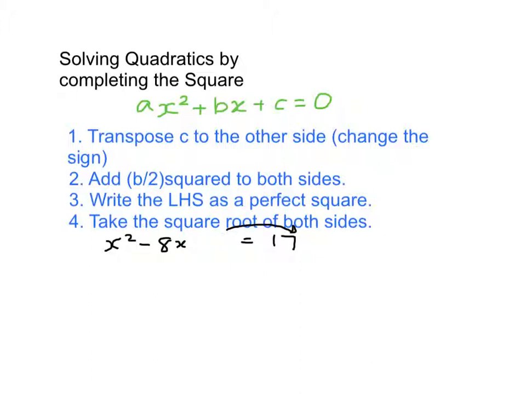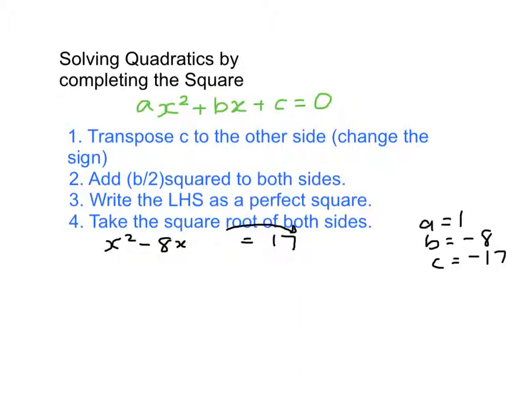Okay, so after that we add, in its place, my (b divided by 2) squared. Let's write out what these are. My a equals 1, my b equals negative 8, and my c was negative 17.